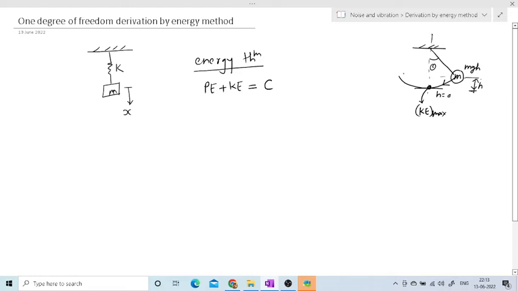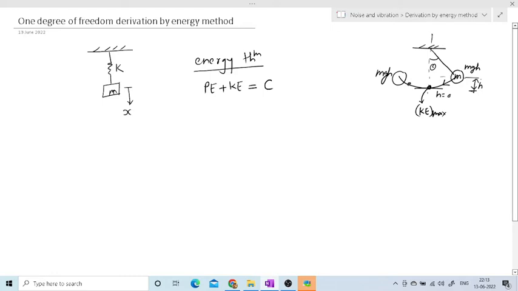When it reaches the extreme position, again the kinetic energy will be converted into potential energy, that is mgh. Again when it moves back, the potential energy will convert into kinetic energy. Again here the kinetic energy will be maximum, and at this end the potential energy will be maximum. So there is conversion of potential energy into kinetic energy and kinetic energy into potential energy.